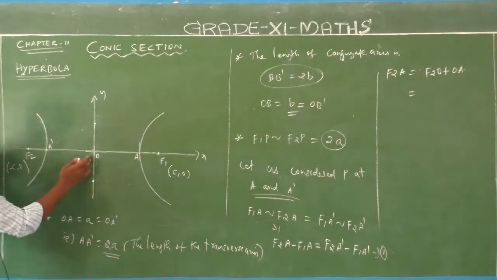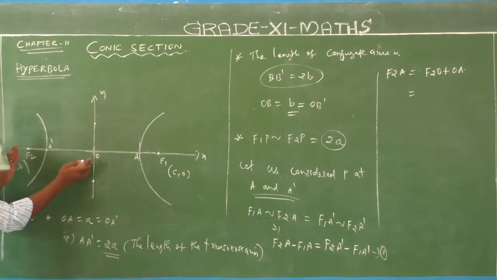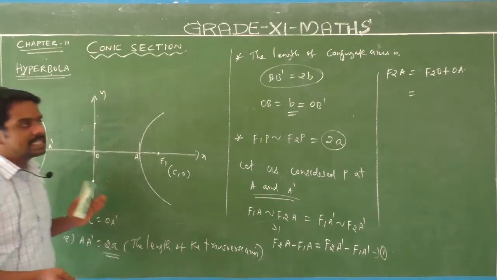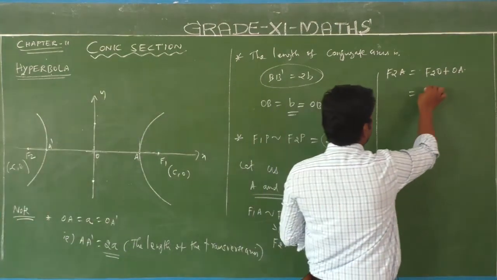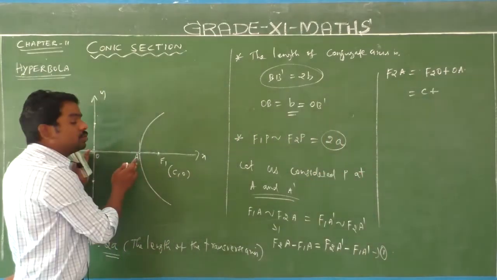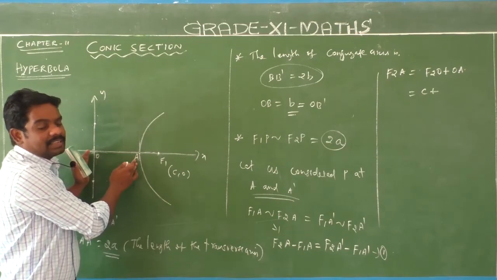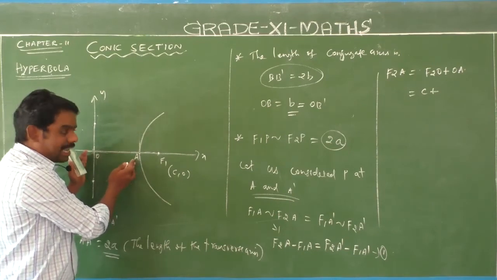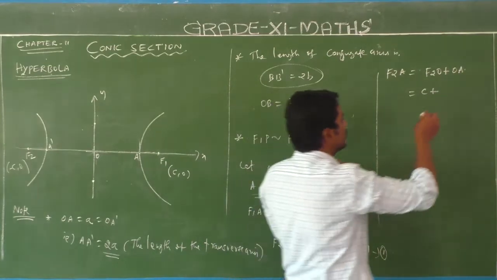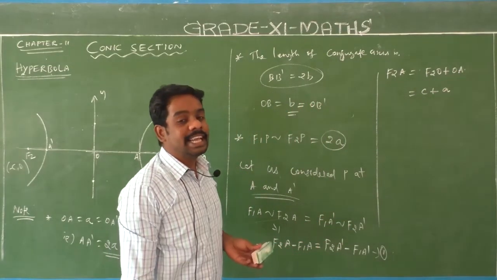The distance between the center and the foci, let us consider for convenience, is called c. So this distance is c. O to F2 is c. So c plus OA, the distance between the center and the vertex, that is the semi-transverse axis. The length of the semi-transverse axis is a. So OA is equal to a. So F2A is equal to c plus a.